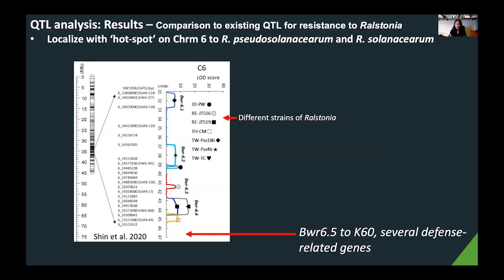And the first one happens to be on chromosome 6, where we also identified a QTL by eye. So these are simply other studies that have found QTL in this region to different strains of Ralstonia, shown here, and ours would pop up down here. All of these other studies also used visual notation to phenotype.